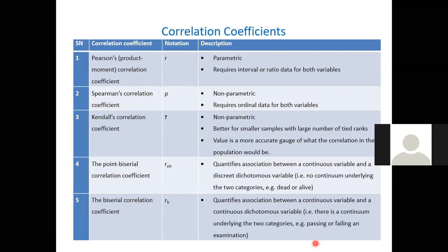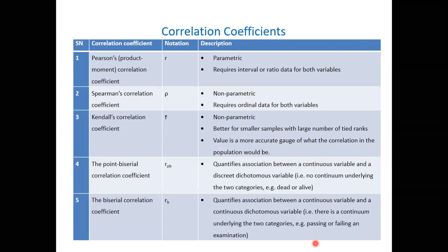Sorry, sir. That point biserial you just mentioned, because when you were teaching us that Thursday, you were saying that even if it's dead or alive, it cannot be nominal, it has to have an underlying number. You didn't get it.